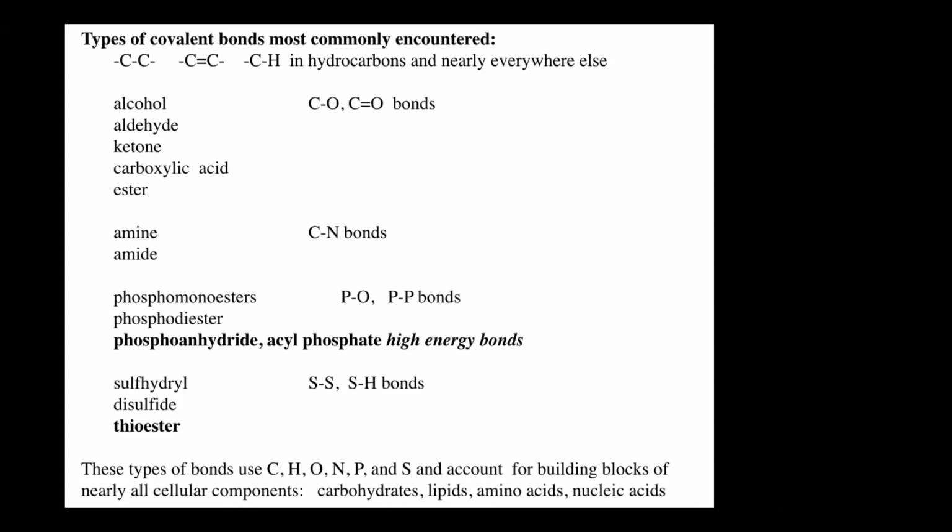And the only other really common covalent bonds in biology are sulfhydryl bonds, either SH bonds or SS bonds. And these are more important for extracellular proteins than for intracellular proteins because, as I'll get to later, once you make a protein, for example, or a polysaccharide, or a lipid, once the chemical backbone of that object is made, that object is very rarely covalently attached to anything else.